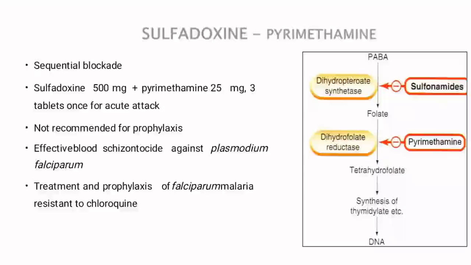So as we see in the mechanism: para-aminobenzoic acid, folate, tetrahydrofolate, synthesis of thymidine etc. Dihydropteroate synthesis is blocked by sulfonamides, then folate, dihydrofolate reductase is blocked by pyrimethamine, then tetrahydrofolate, synthesis of thymidylate etc. So pyrimethamine blocks dihydrofolate reductase, and the dihydropteroate synthesis is also inhibited by the sulfonamide.